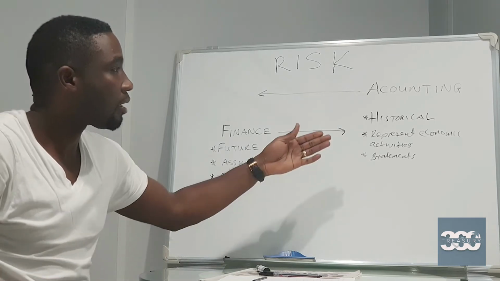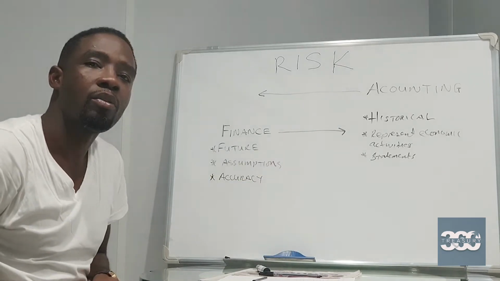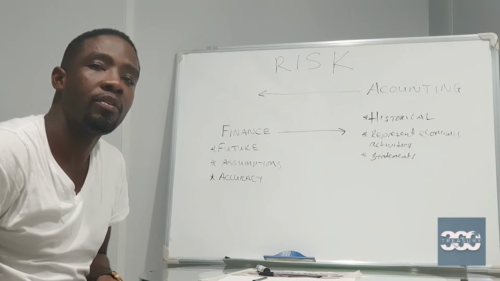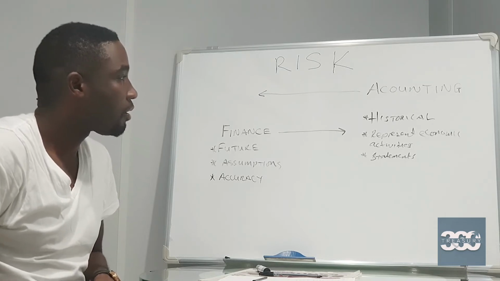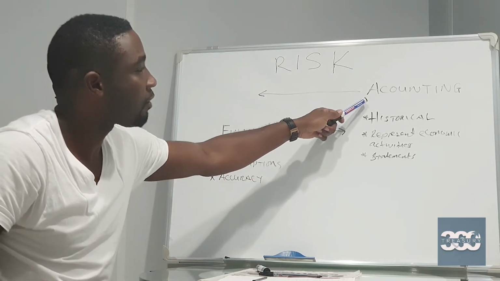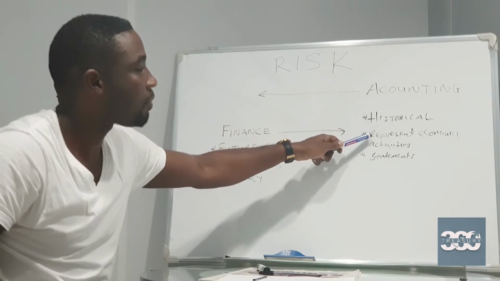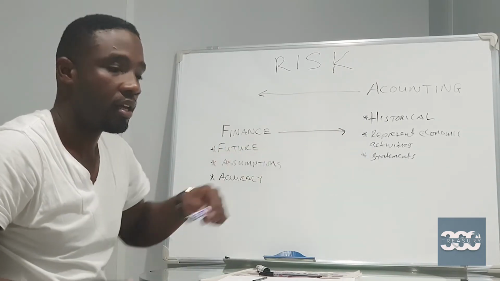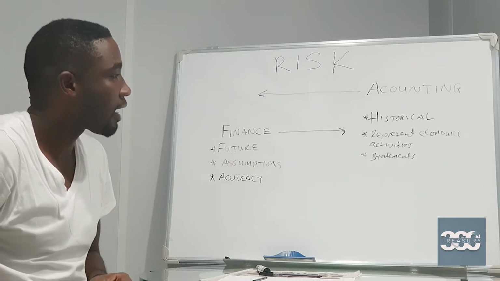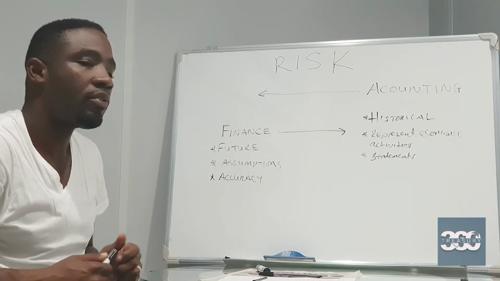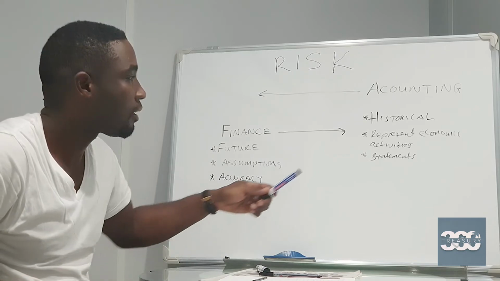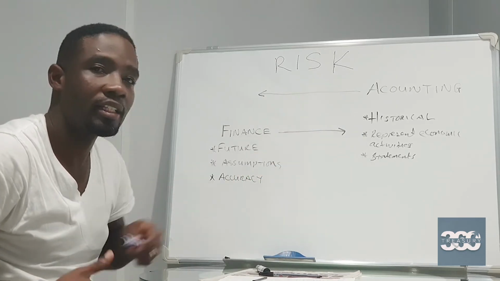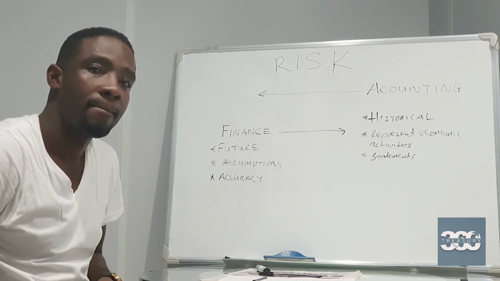Let's consider accounting training and how an accountant would perceive risk. Now, first, accounting is historical and represents economic activities through statements. So one thing that comes to mind is the risk of misrepresenting these economic activities, right?